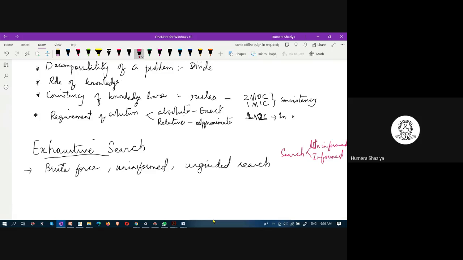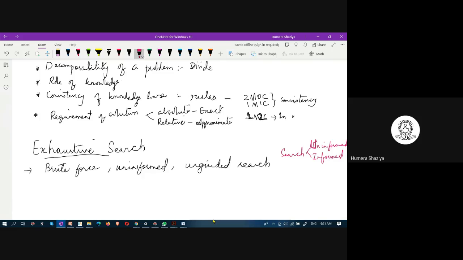In uninformed search, the system will explore all the options that would spawn from the present state. Whatever state the system is in, from that state, what are the options available? All the options are explored further. All sub options of those newly generated options are searched, and the process continues.